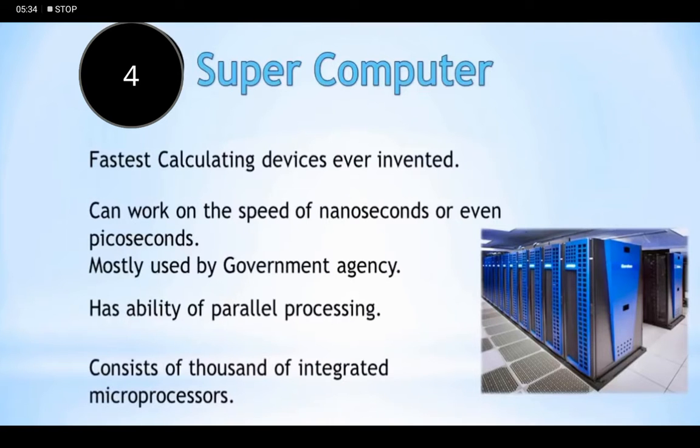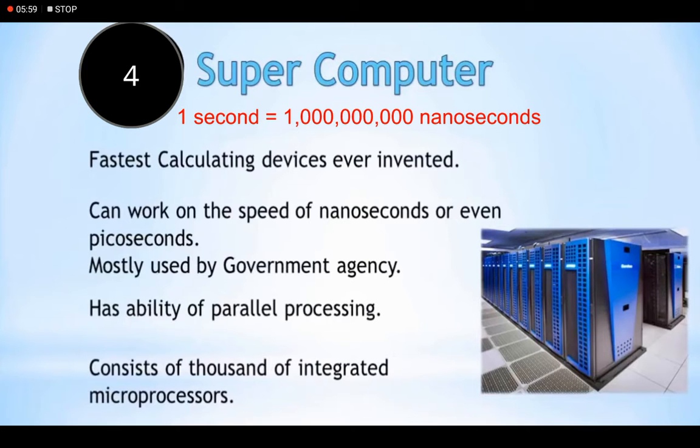Now, do you know what is the meaning of nanosecond? I would like to tell you 1 second equals 1,000,000,000 nanoseconds. So this is the most powerful computer. They work in nanoseconds.